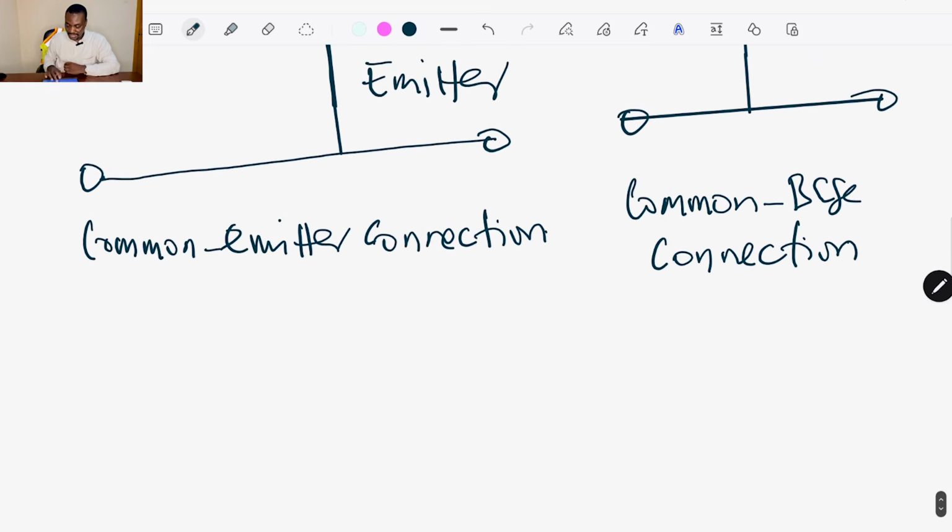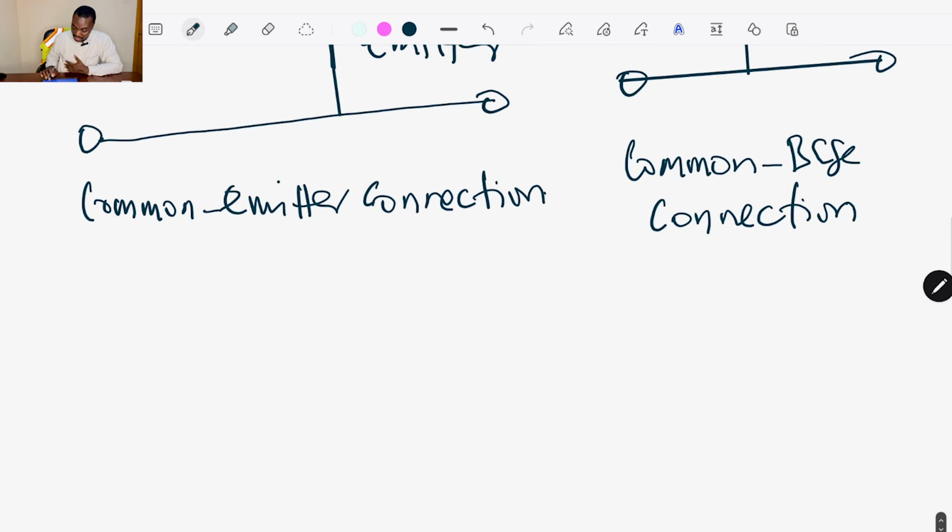And then we do the last one, which is common collector connection. So the same thing, we are going to have our transistor here.